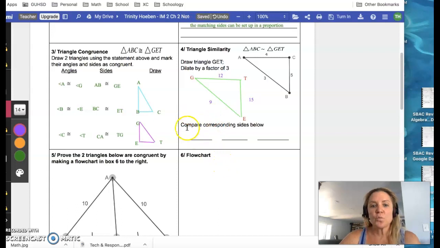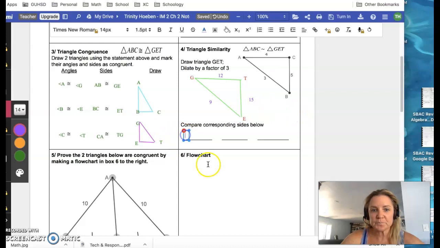Okay, so they want us to write or compare the corresponding sides. So they just want us to write the ratio of the side to the side. So since they went A, B, C, I'm going to do A to B first.